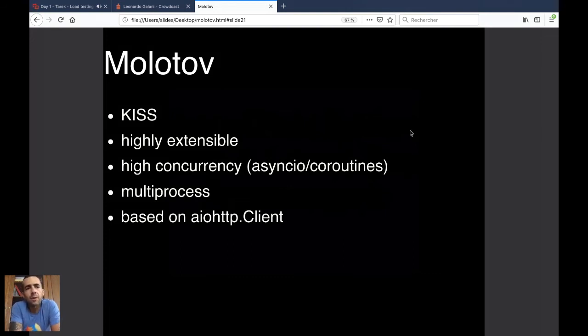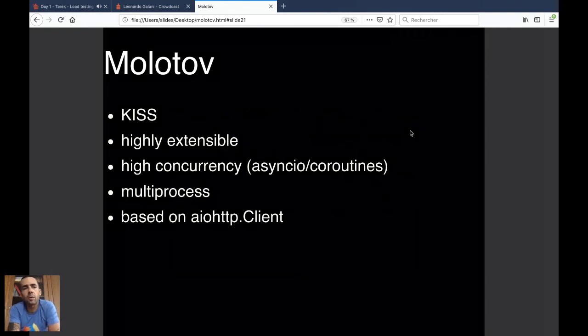I wanted to create something that lets people write almost pure Python functions that they can use to stress a service. It's very extensible, and it can let you do a lot of concurrency because it's based on coroutines.